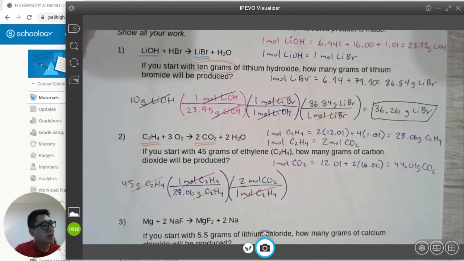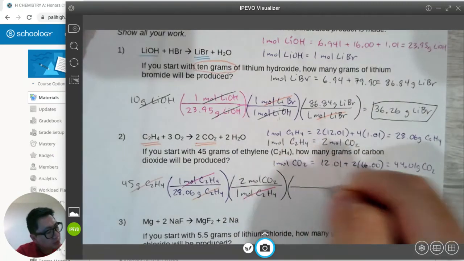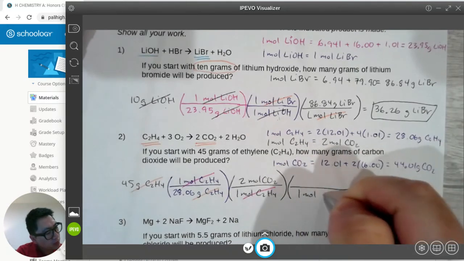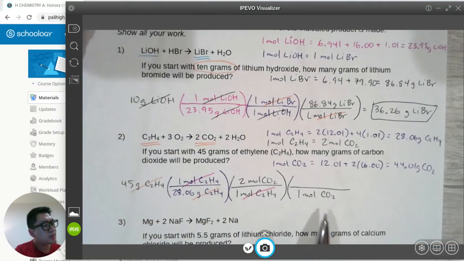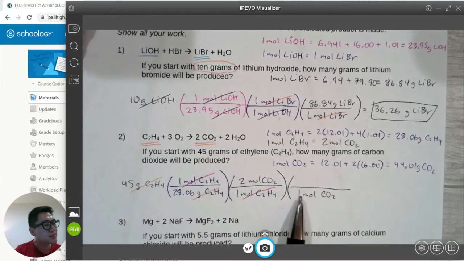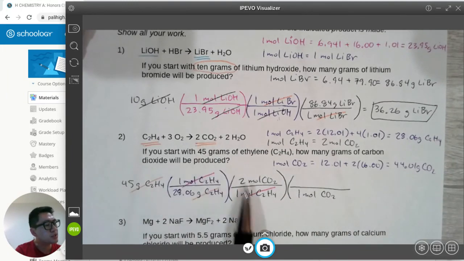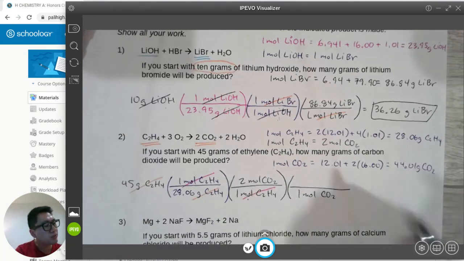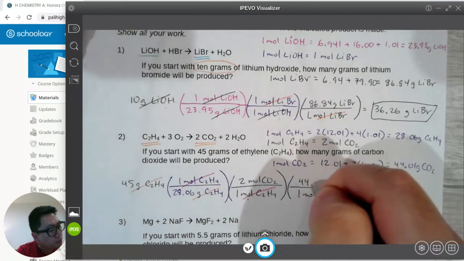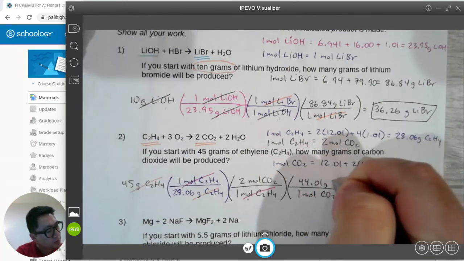So I'm going to change my moles to grams. 1 mole of CO2. By the way, lots of times people put that 2 again. No, 1 mole of carbon dioxide weighs 44 grams. The only time we use that 2 was in the mole ratio. I'm not going to use a 2 again. 1 mole of carbon dioxide weighs 44.01 grams.